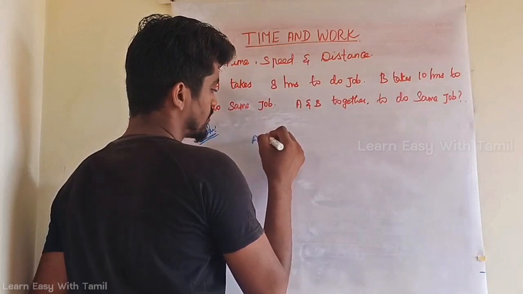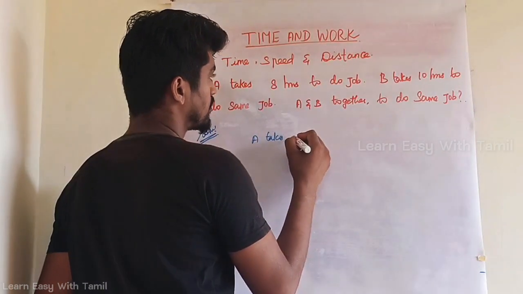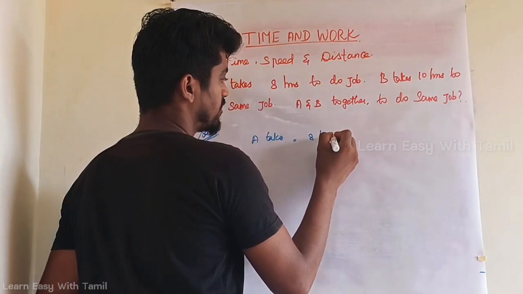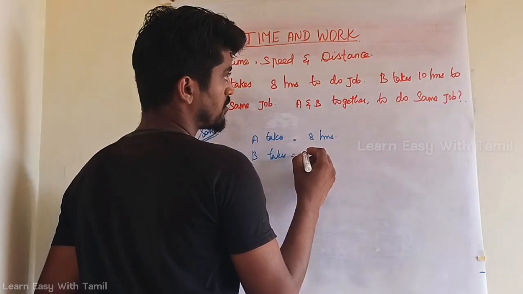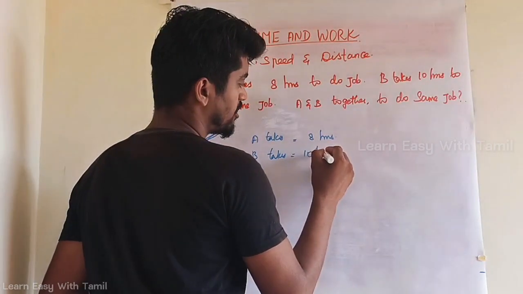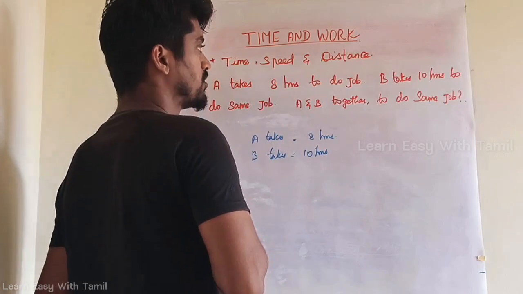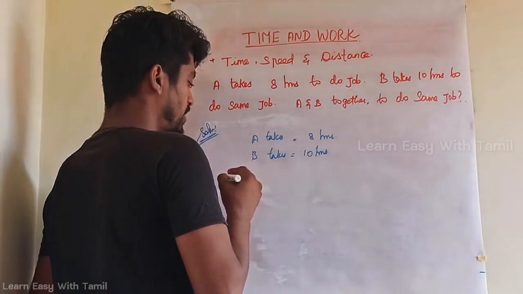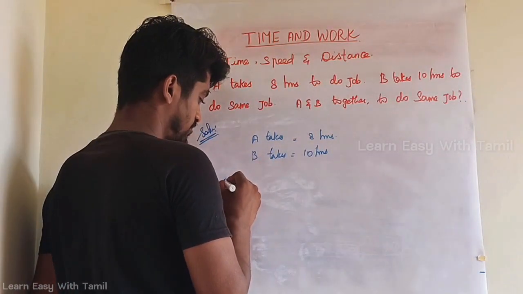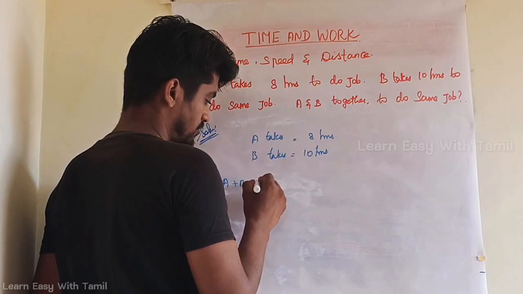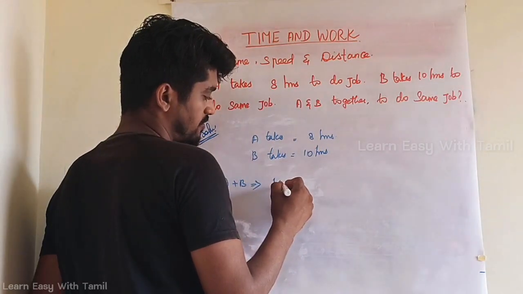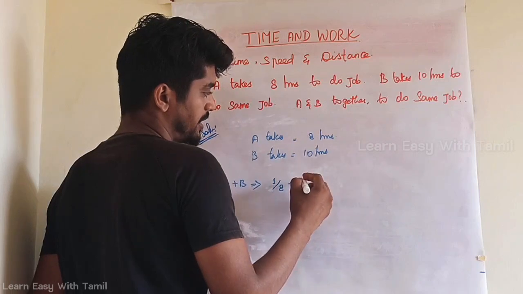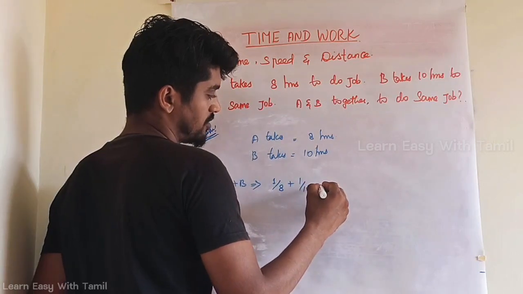A takes 8 hours and B takes 10 hours to complete the job. When A and B are working together, for 1 hour A does 1 by 8 plus B does 1 by 10.